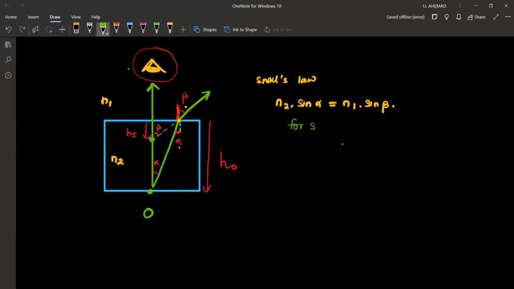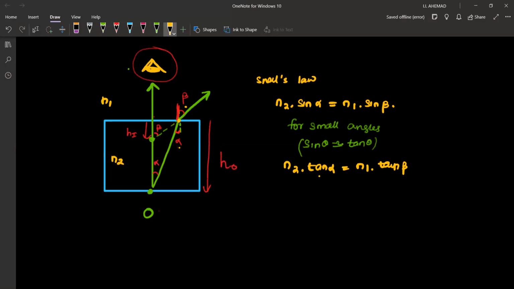For small angles, sine theta is almost equal to tan theta. So due to that reason, I can replace N2 tan alpha is equal N1 tan beta.